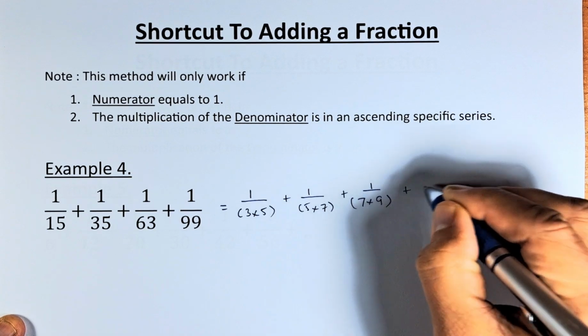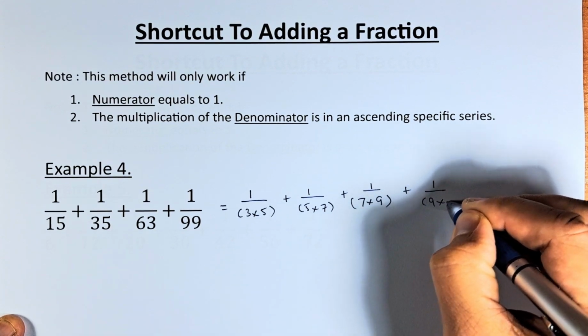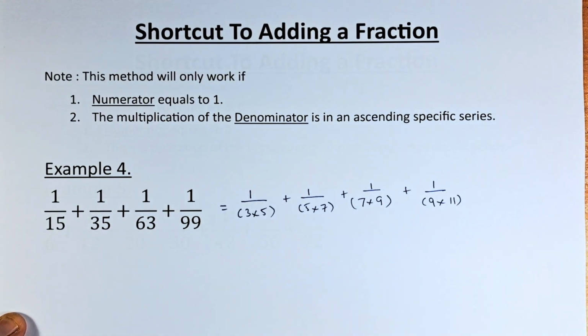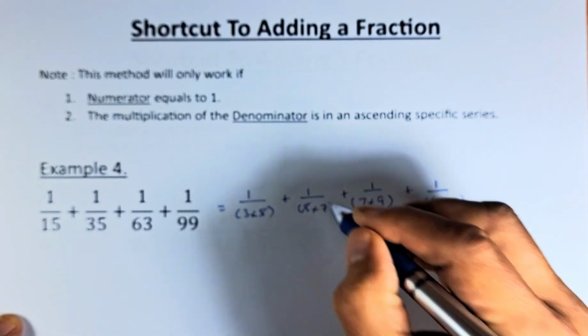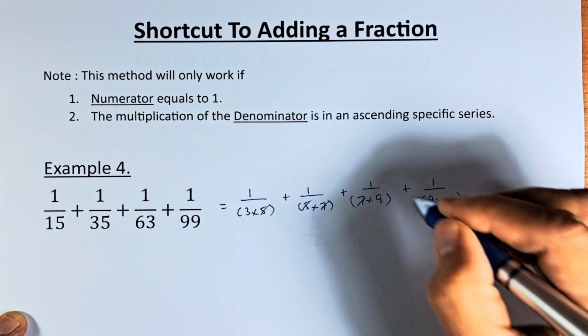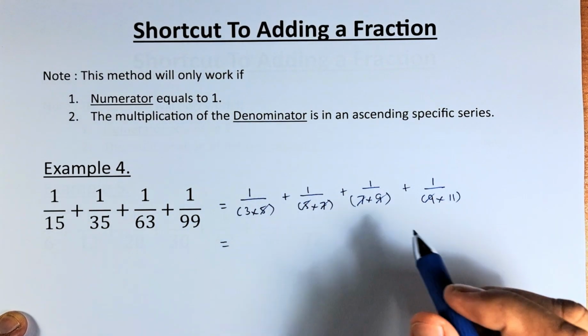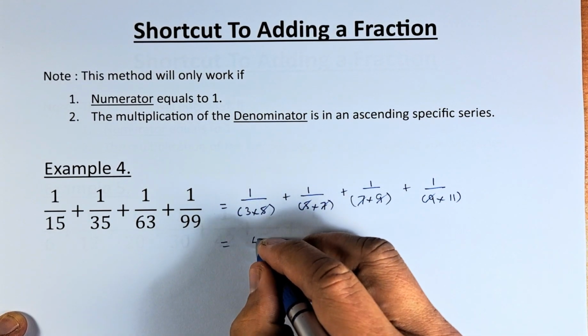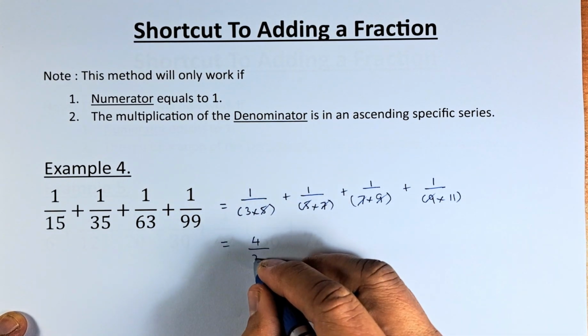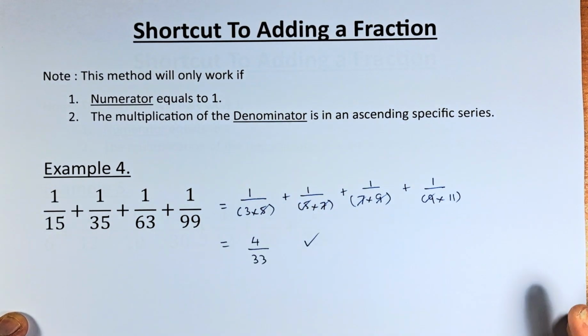And then 99 is going to be 1 over 9 times 11. So we are going to cancel the inside numbers. 5 and 5 will cancel out. 7 and 7 will cancel out. 9 and 9 will cancel out. We're going to add the numerators, 1, 2, 3, 4 is going to be 4, divided by 3 times 11, which is 33. That will be the correct answer.